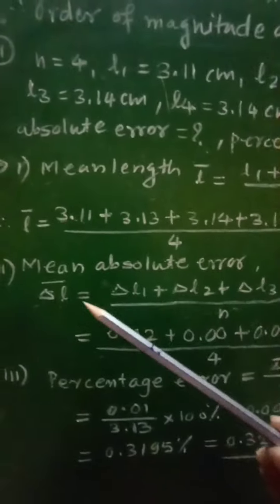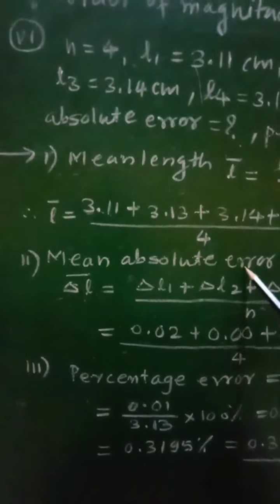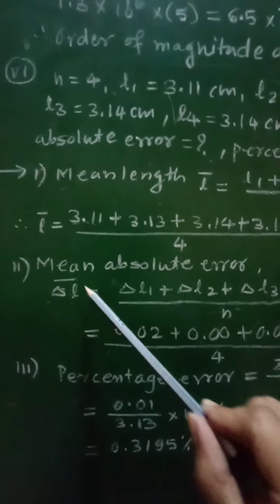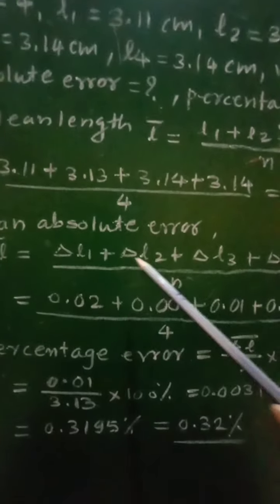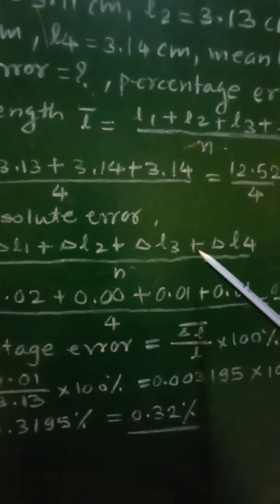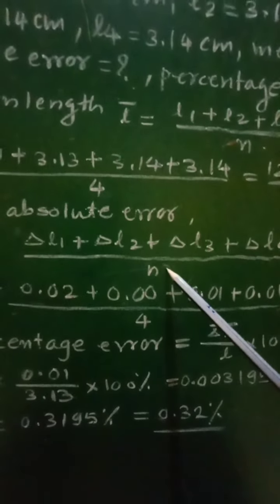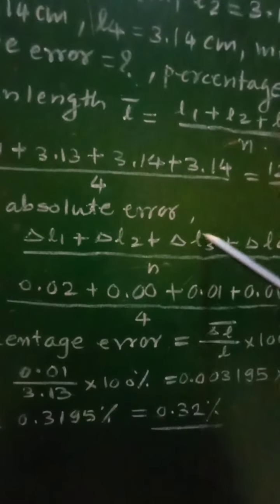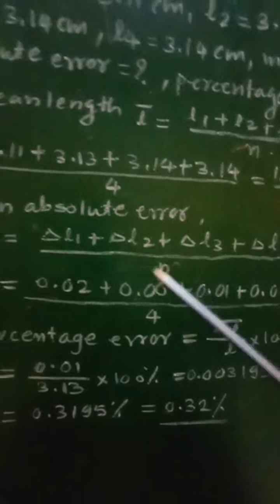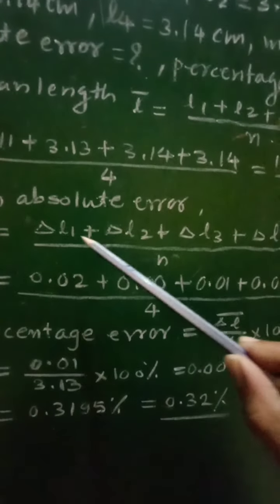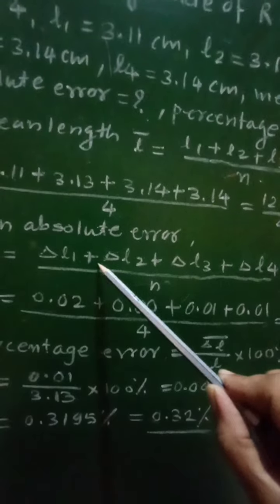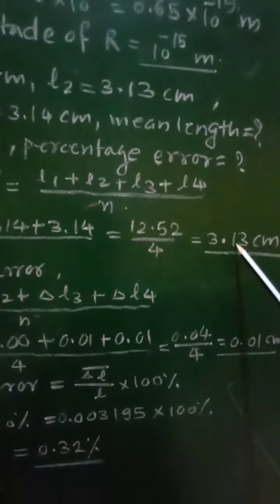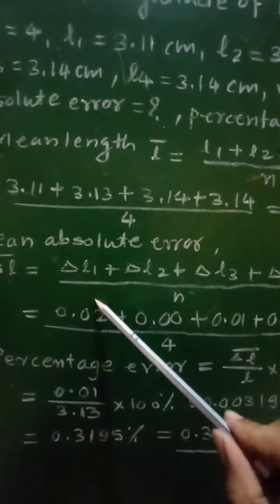Secondly we will find the mean absolute error, that is delta L bar, which will be equal to delta L1 plus delta L2 plus delta L3 plus delta L4 upon N. So the addition of the absolute errors for all 4 readings divided by the number of readings. Delta L1: L1 is 3.11 and our mean length is 3.13, so 3.13 minus 3.11 is 0.02.